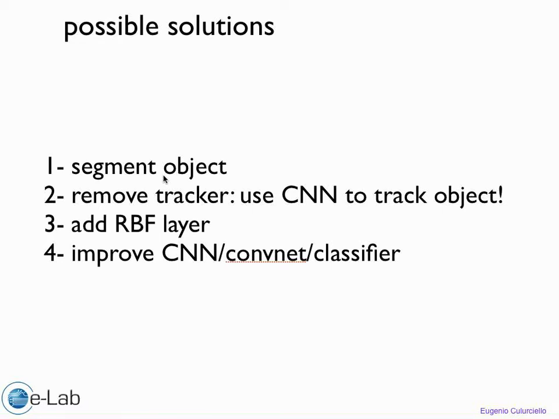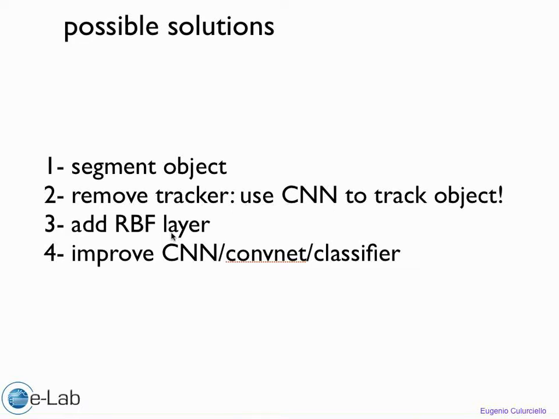This might help, for example, with the auto-learn function, when the classifier is learning something about the background and is drifting away. We also thought about removing the tracker and just using the convolutional neural network to track the object as well. We thought about adding a radial basis function layer so that we can add positive and maybe negative prototypes and curve them as we go.